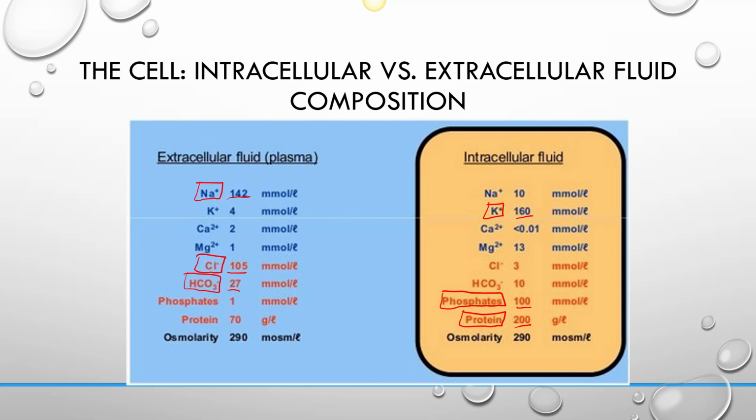So being able to differentiate between what you'd find on the inside of the cell versus what is found on the outside of the cell, it's really going to help you later on, especially if you're planning on taking advanced A&P. For this class, minimally, you have to know these predominant intracellular and extracellular cations and anions. So just the ones that I've kind of boxed out here, you should be familiar with those. You do not need to know numbers, just the names of what they are.